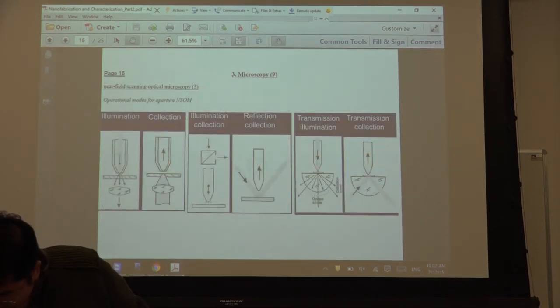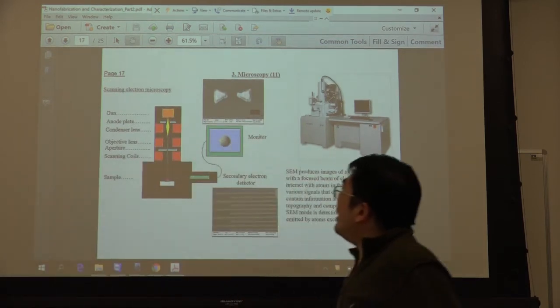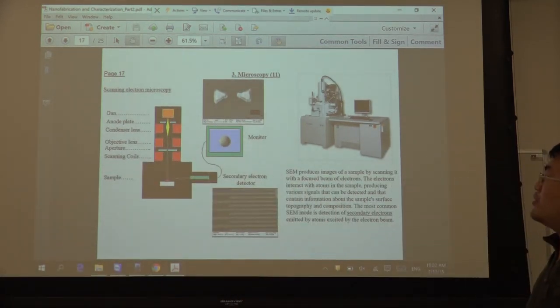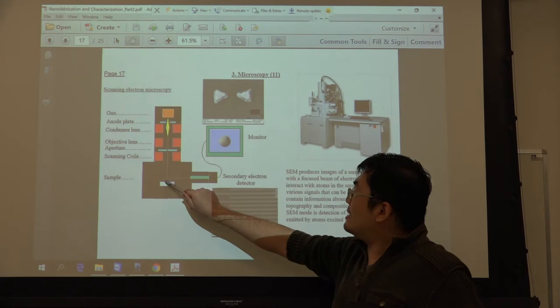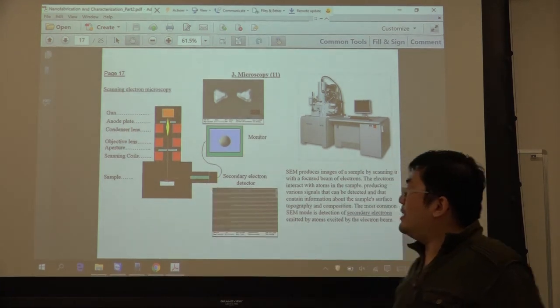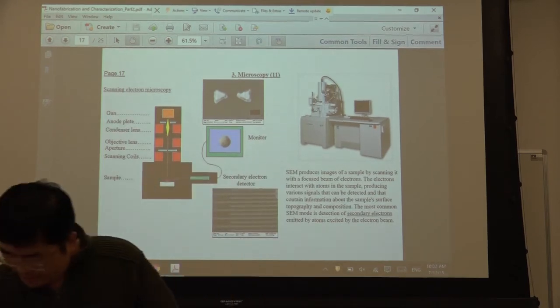Another way to break the diffraction limit is with electrons, because the electron wavelength is very short, just 1 nanometer. So we can use scanning electron microscopy. We give incident electrons, and the secondary electrons are scattered. Then we detect the secondary scattered electrons. We call this electron microscopy.